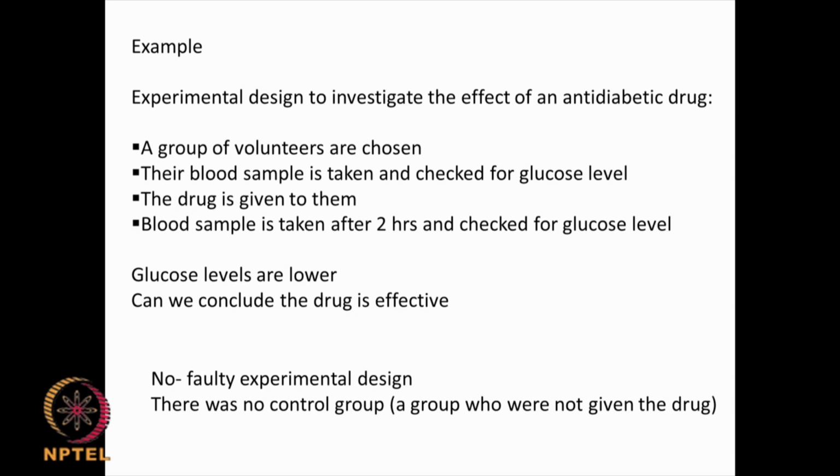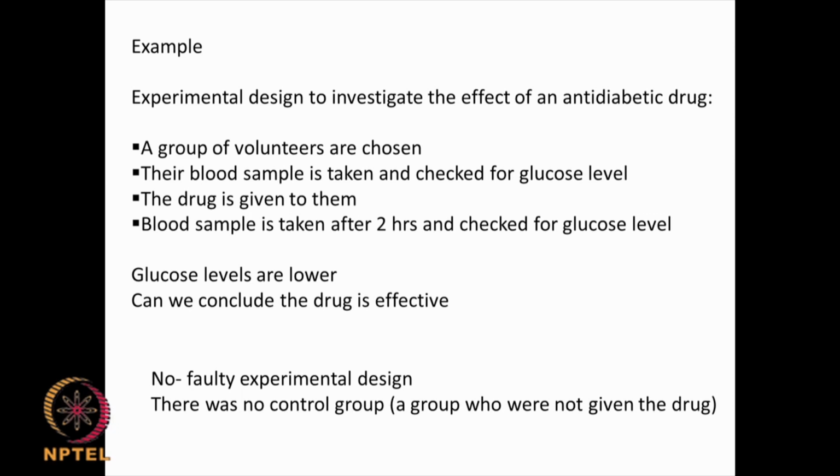You never had a group where no drug was given to the patients, and simultaneously you check their glucose level, because that is very important. You should always have a control group when you are performing experiments with a new type of drug.